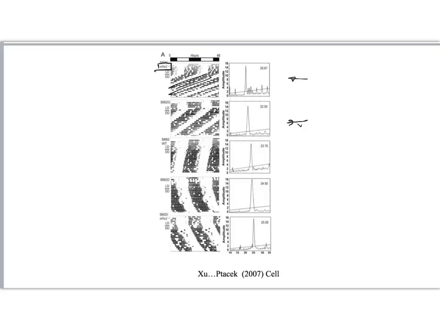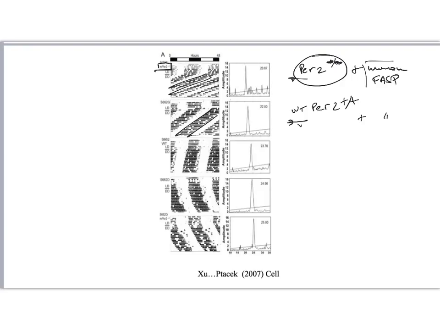If you express it in a background of wild type Per2, so this is Per2 minus minus, plus the human FASP gene, and in this case it's Per2 plus the human FASP gene, in both cases you get a shortening of the period. It's more dramatic when you don't have the wild type copy of the Per2 gene.